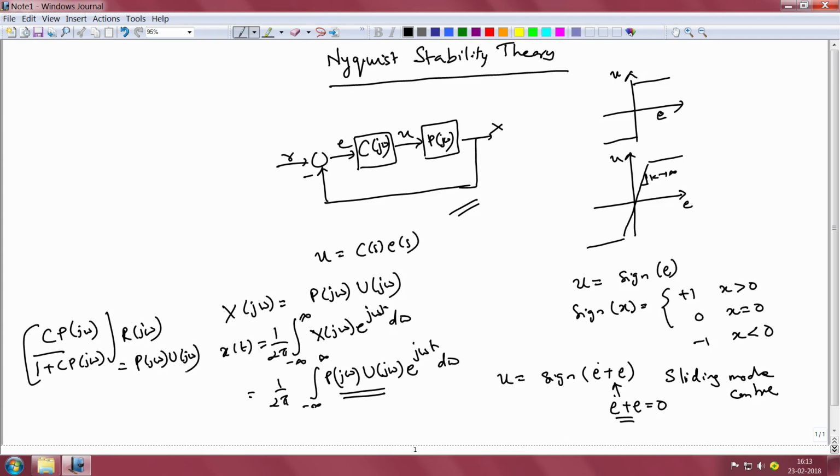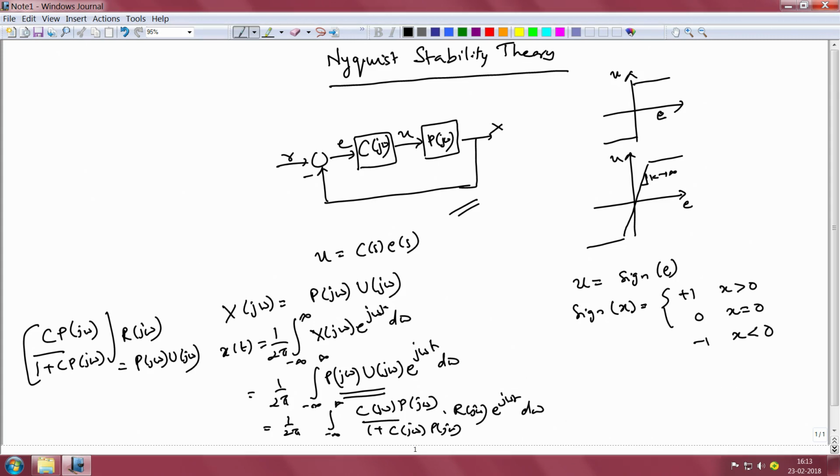If I replace that in this equation, I would get x of t equal to 1 by 2 pi integral minus infinity to infinity C of j omega P of j omega by 1 plus C of j omega times P of j omega times R of j omega e to the power j omega t d omega.